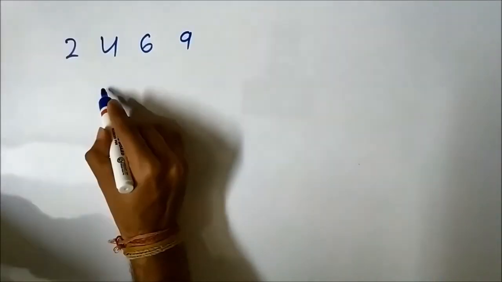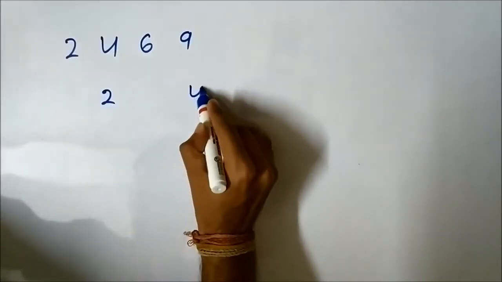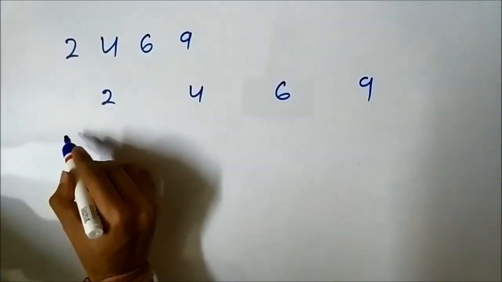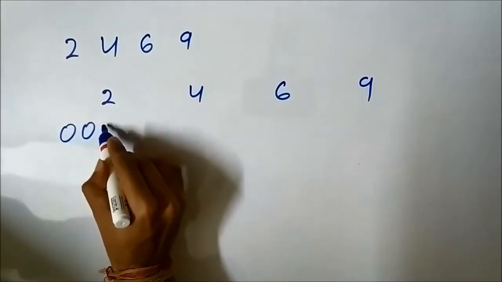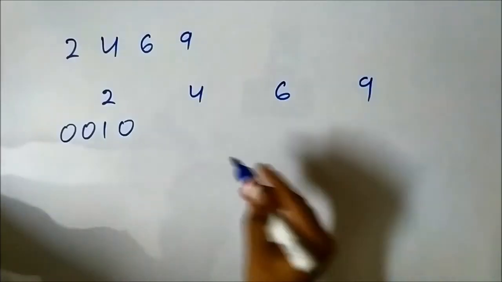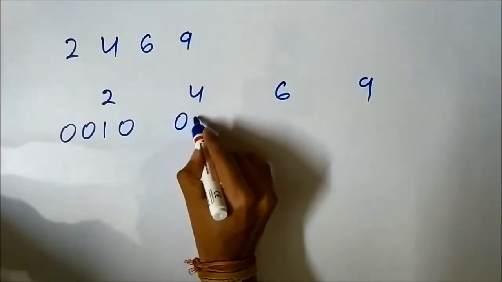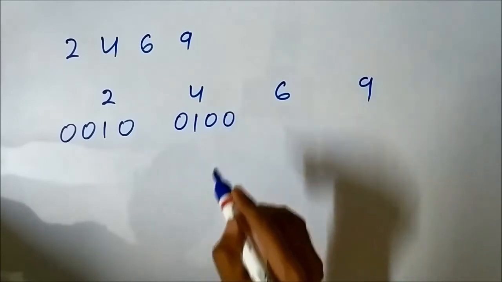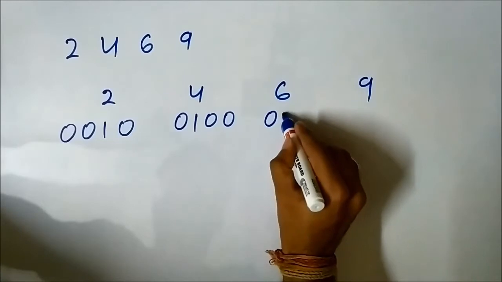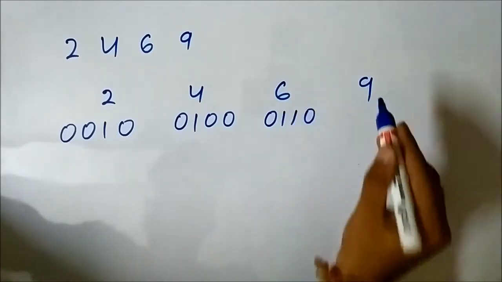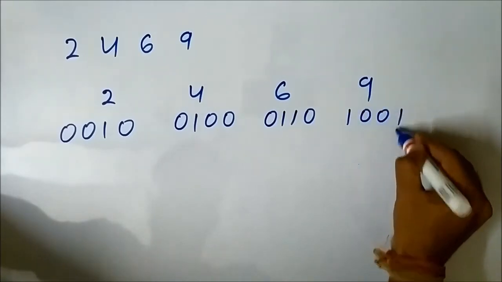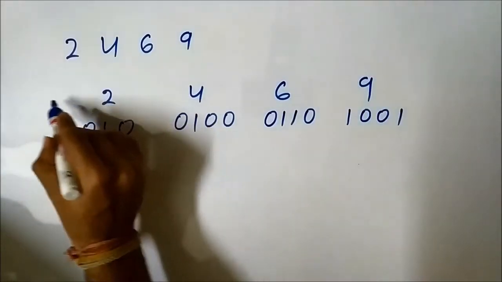Here first we have to write the 4-bit code for 2, then for 4, then 6 and 9. 2 in decimal form is written as 0 0 1 0. 4 is written as 0 1 0 0. 6 is written as 0 1 1 0, and 9 is written as 1 0 0 1.